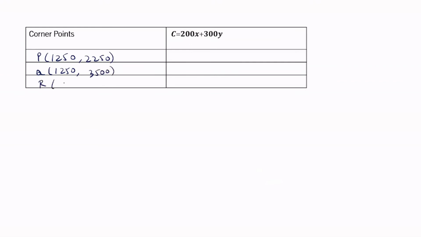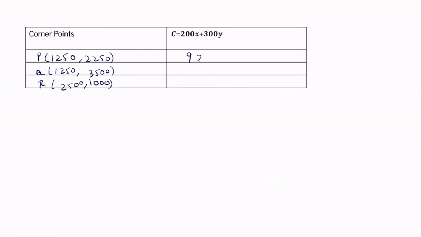And then the next corner point is R, 2500 and 1000. Now for the corner point P, the objective function C is 200 into 1250 plus 300 into 2250.